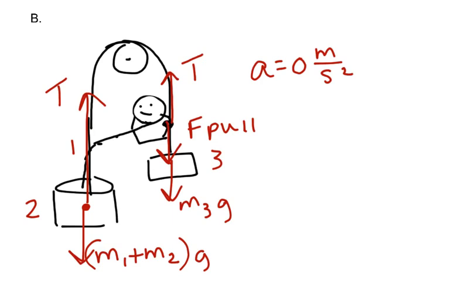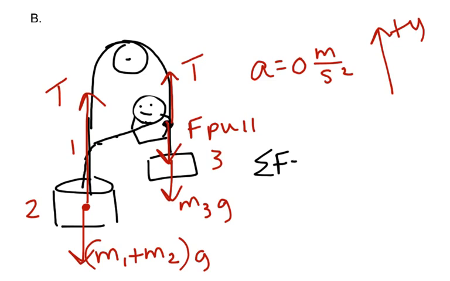And let's go ahead and make upward positive. Just real quick, if we were to apply Newton's second law of motion, let's talk about the sum of the forces acting on objects 1 and 2.